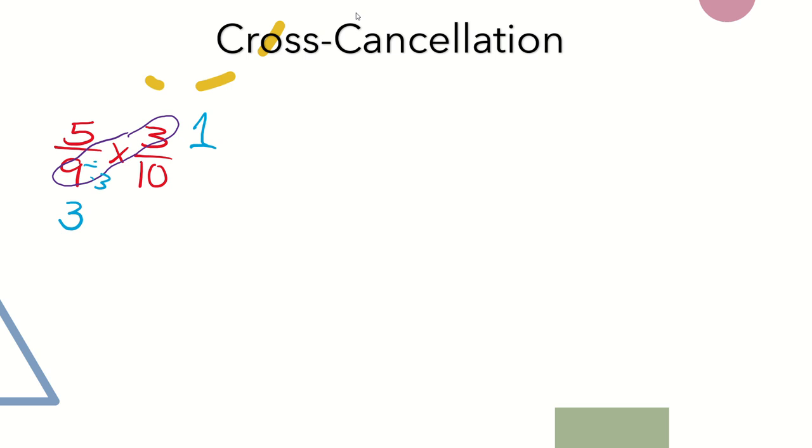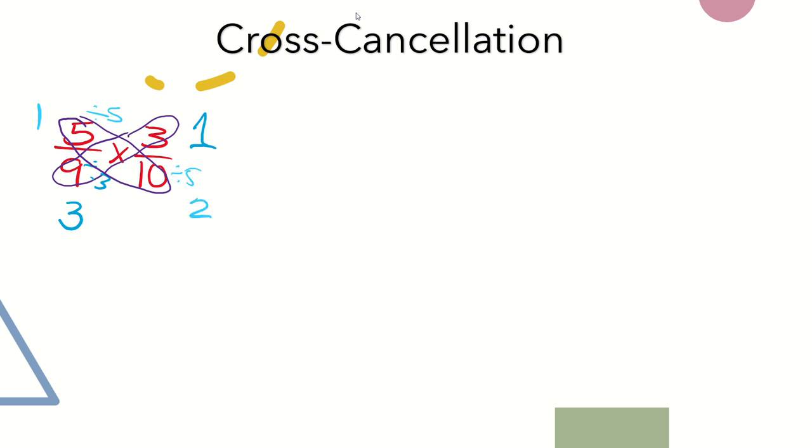And let's do the same thing with my 5 and my 10. What's the number that goes into both 5 and 10? 5. So I would do the exact same thing. 5 divided by 5, I get 1. 10 divided by 5, I get 2.